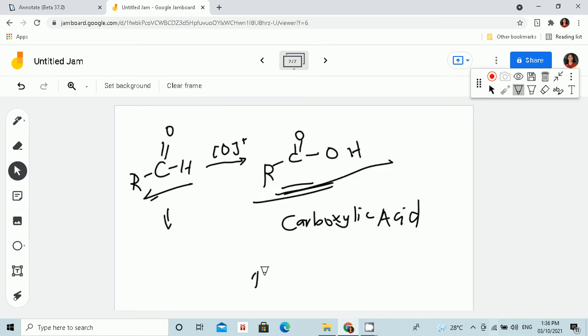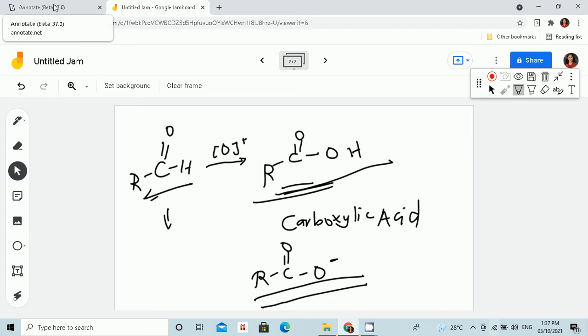If not, only the carboxylate ion will form, negative, with no H. This one is under not acidic condition, while this one is under acidic condition. So if we oxidize an aldehyde, we can form a carboxylic acid.